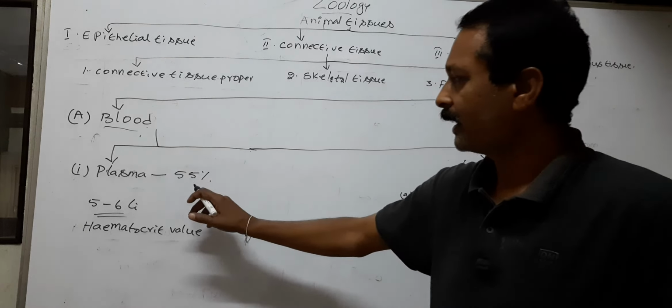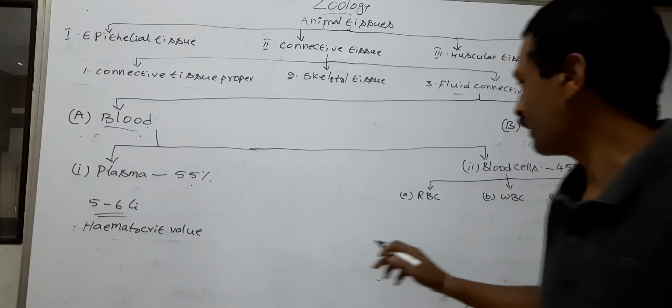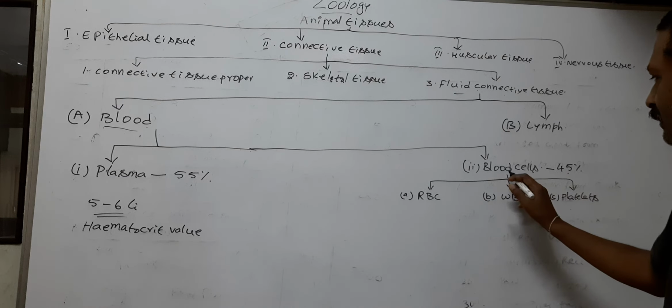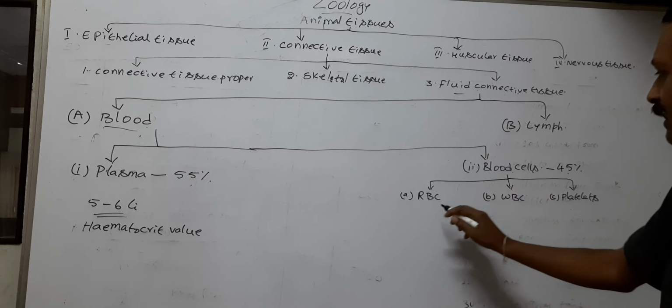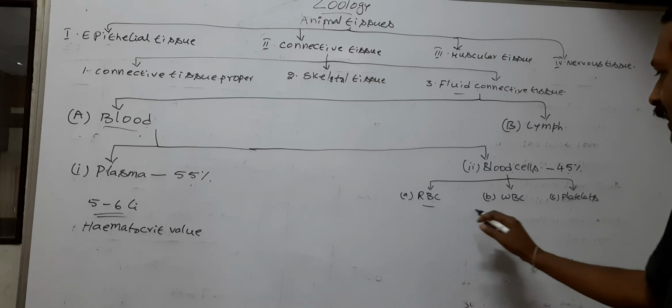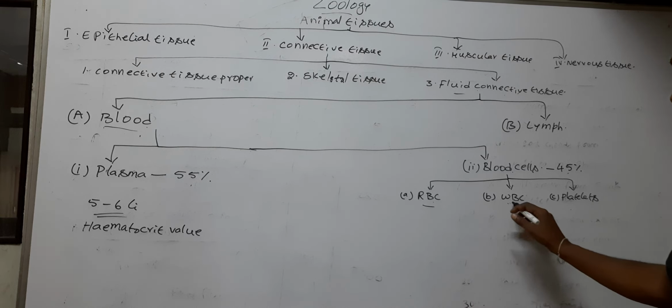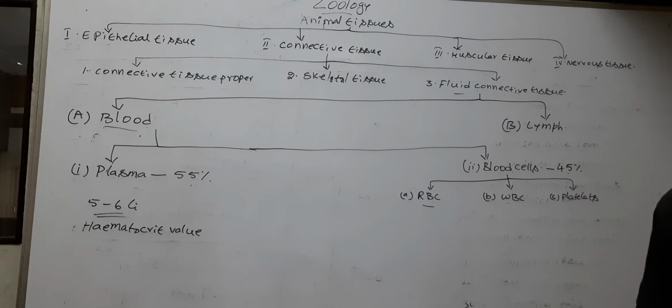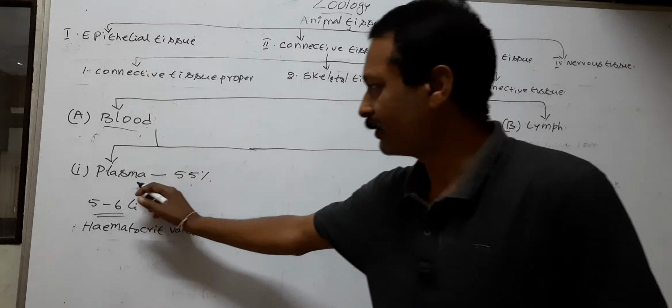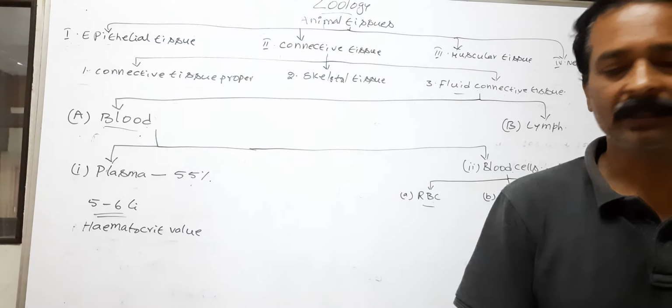So the blood contains 55% of plasma and 45% of blood cells. Blood cells are three types: RBC red blood cells, WBC white blood cells, and platelets. First we discuss the plasma of the blood.